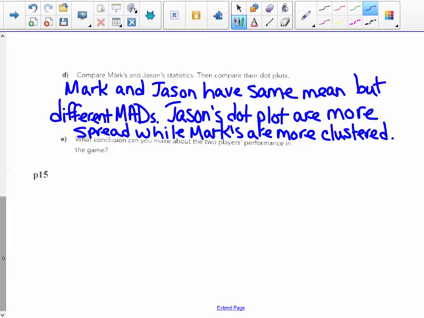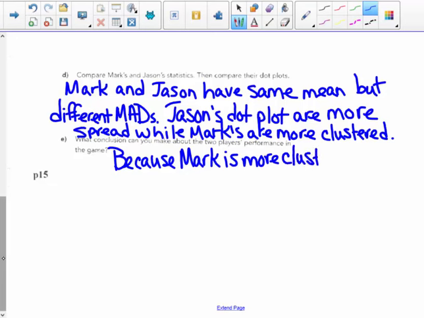So what conclusion can you make about these two players' performance in the game according to their points? Well, I can conclude that because Mark is more clustered, he is a more consistent player.